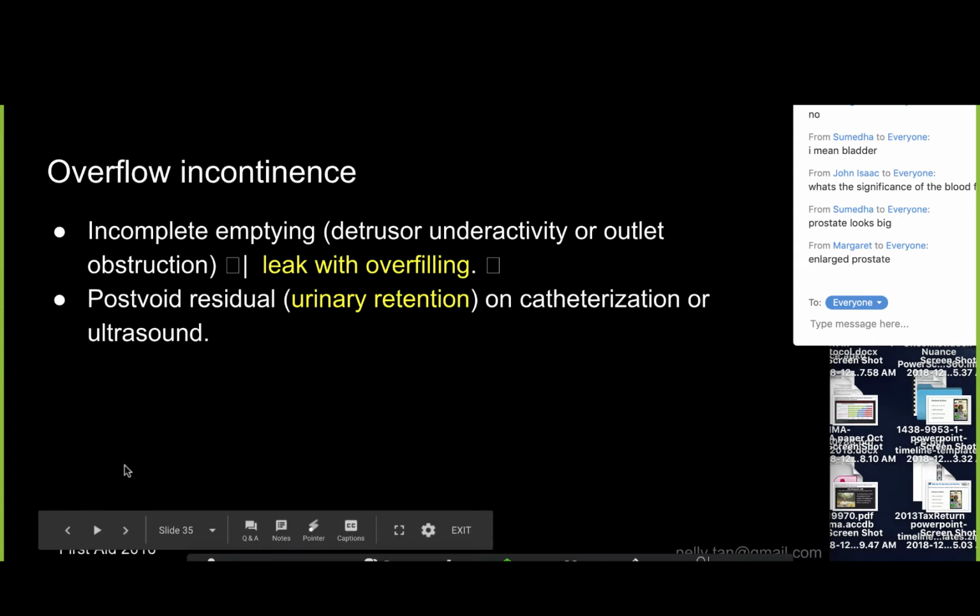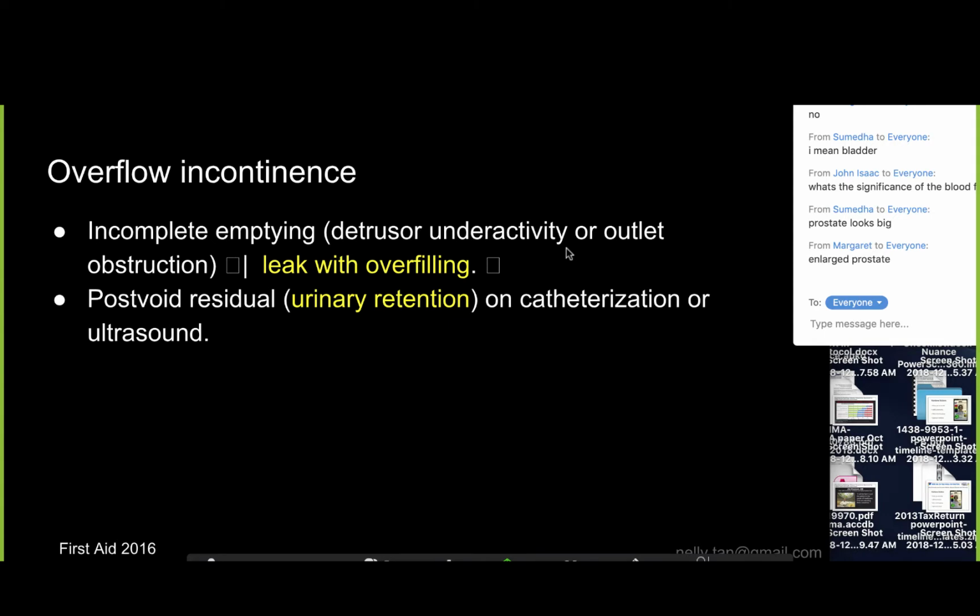One that happens is called detrusor underactivity. You have chronic obstruction, so the entire bladder becomes really big and distended, and at some point it gets so big that you start to leak because it's just overfilling.